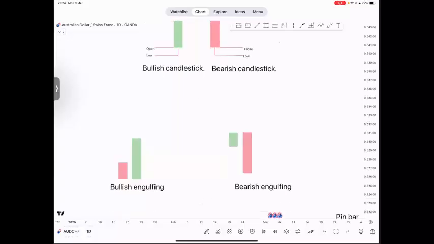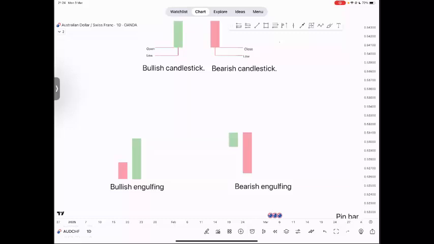Now, these engulfings are one of the most important, if not the most important, candlesticks when it comes to trading. They are what people use to map out other blocks, so many blocks, and they have power, right? When it comes to other blocks, entries, these engulfings are very important, right?